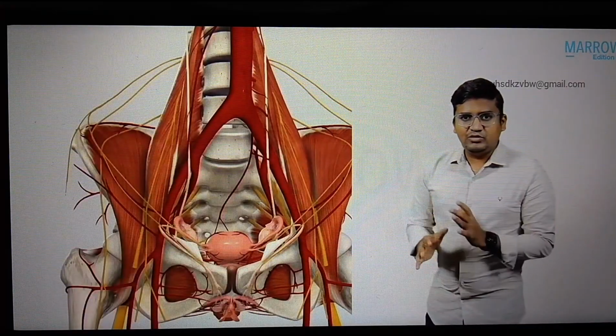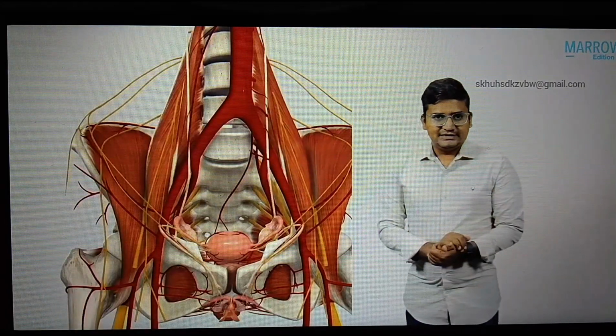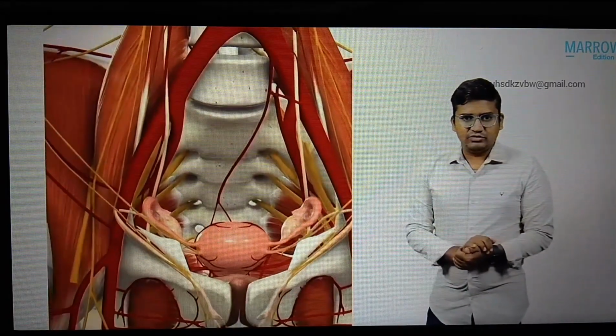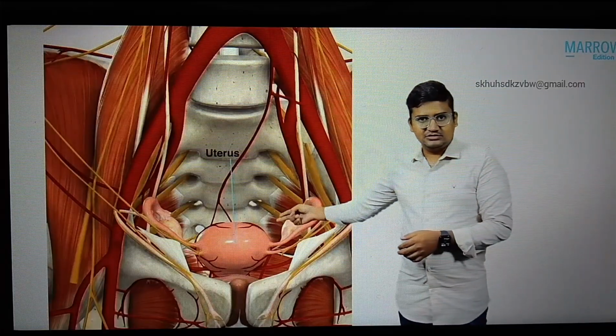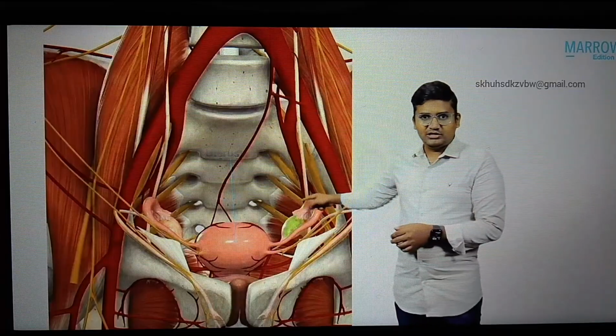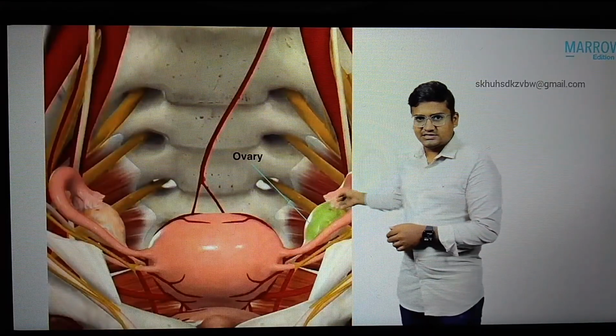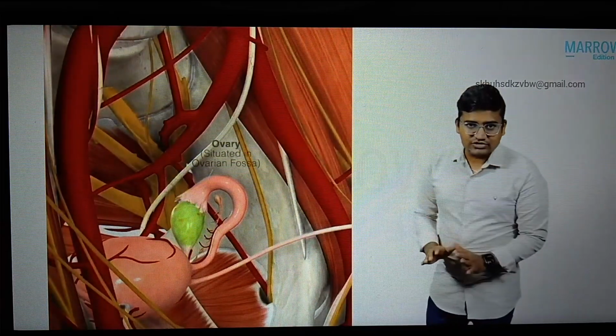Now we're going to see the boundary of the ovarian fossa. It is very difficult, but don't worry, we have an animation. Before that, see here, that is our uterus. You are seeing the uterus clearly, and the ovary also. Now the ovary is situated in the ovarian fossa.